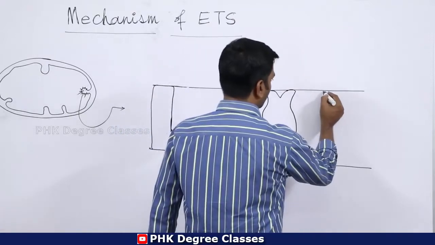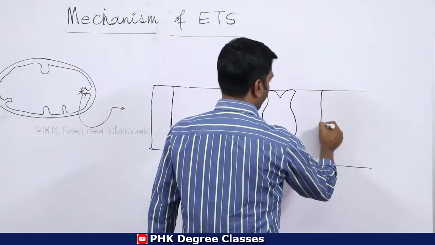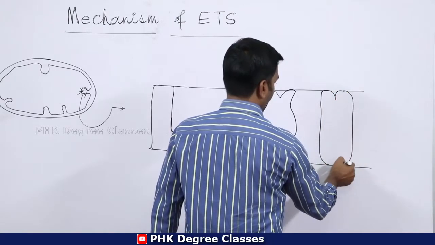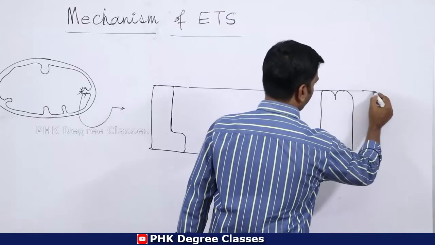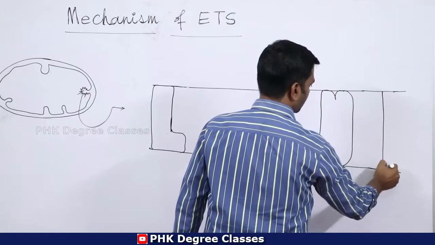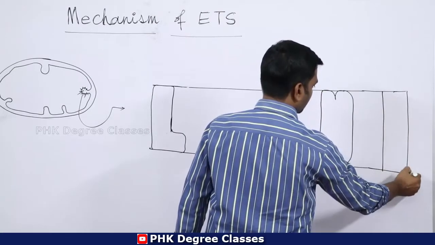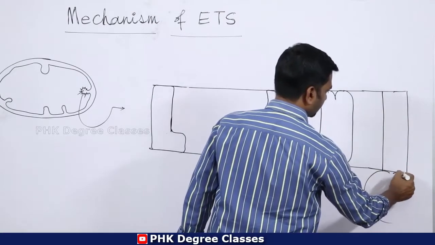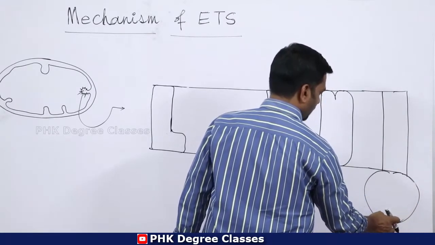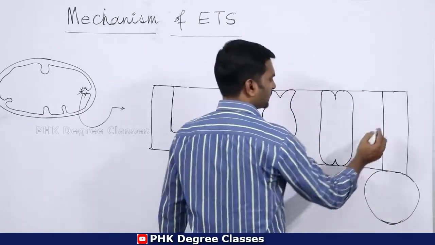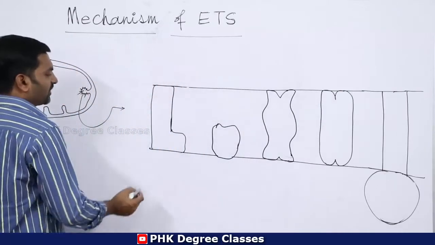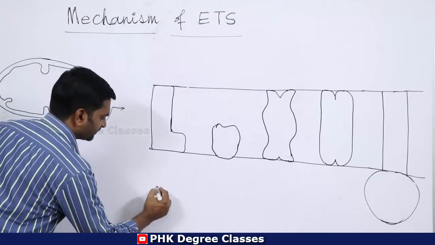Then we come to complex 4. Then finally we have the last complex, the fifth complex, or you can say the oxysome. This is the oxysome, or F0 F1 complex. So these are the complexes. Clear? This one is complex 1.